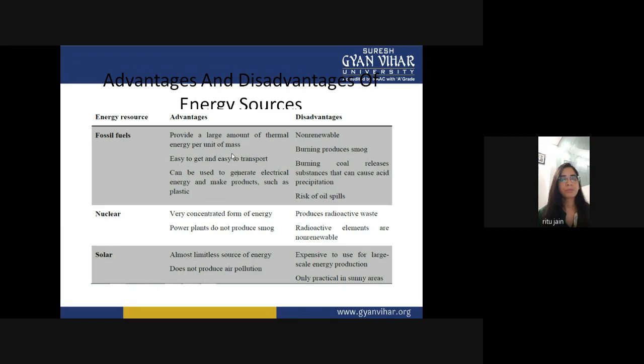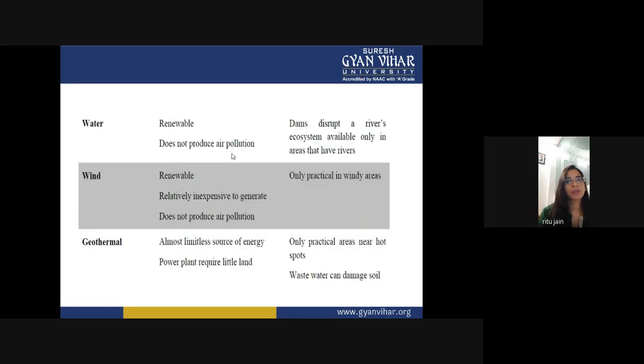Now it is very expensive to use for large scale energy production, and only practical in sunny areas. Everyone knows that if you want to produce large scale energy from solar, you need continuous solar light, solar energy. But in some particular areas, solar energy is not continuous. Okay, so this is the disadvantage of solar energy.